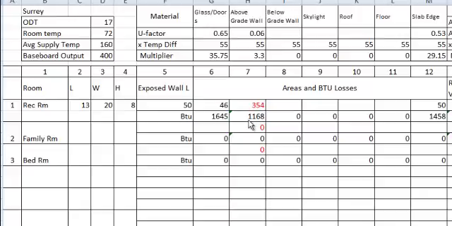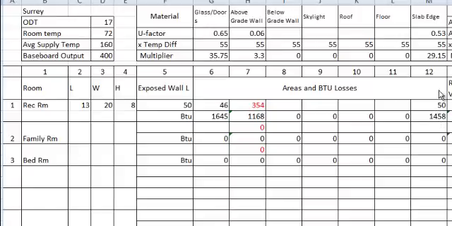BTUs per hour. Over in the column to the left of it, we show our glass at 46 square feet with a multiplier of 35.75, and that multiplied will come out to 1,645 BTUs per hour. We don't show any other items here for that room other than the slab edge, and the linear edge, of course, would be the outside linear exposed walls, linear length.